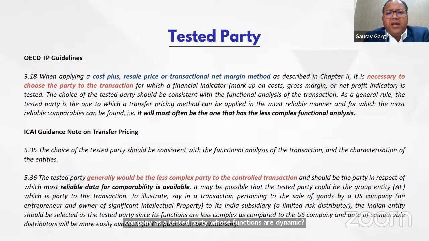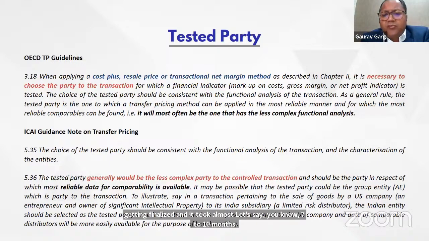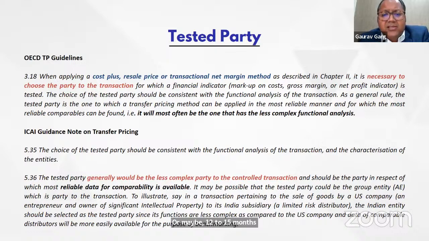Or maybe the company has a designing team or an R&D team working on designing a new product. The company is incurring the cost, but somehow the design is not getting finalized, and it takes almost, let's say, 7 to 10 months, or maybe 12 to 15 months to finalize the design. During that period, the cost the company is incurring would appear in the profit and loss account, and it will reduce the profit of the company, but there is no sales revenue.